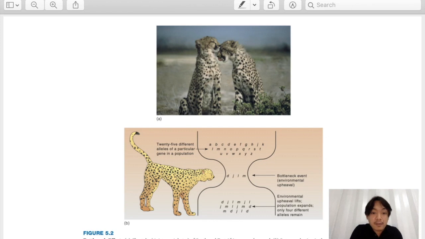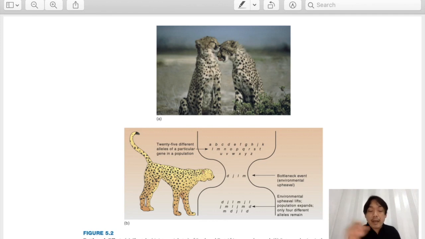Then the environmental upheaval lifts and the population expands. So environmental upheaval is famine, disease, harsh weather conditions, landslides, etc. Any catastrophic event that will affect the reproduction rates of these cheetah.